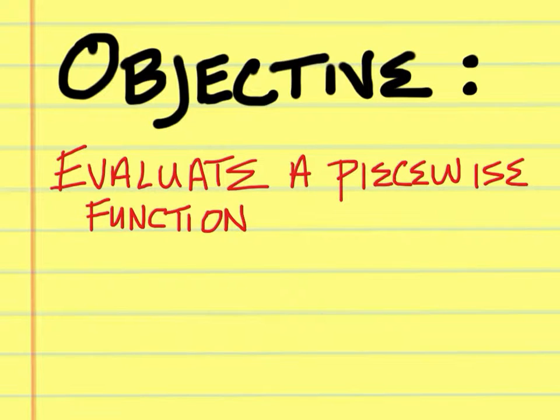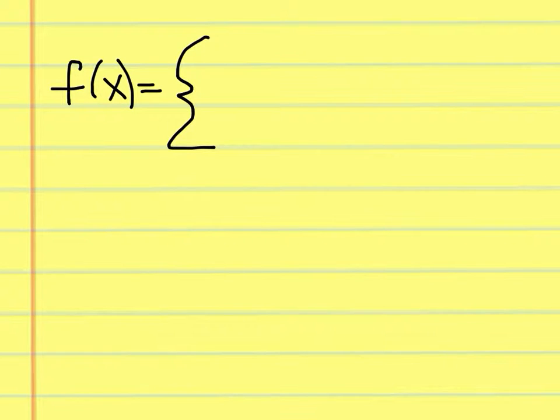The objective today is to evaluate a piecewise function. A piecewise function looks like this. F of x equals one of these three options. X squared minus 2x plus 1 if x is less than negative 2.